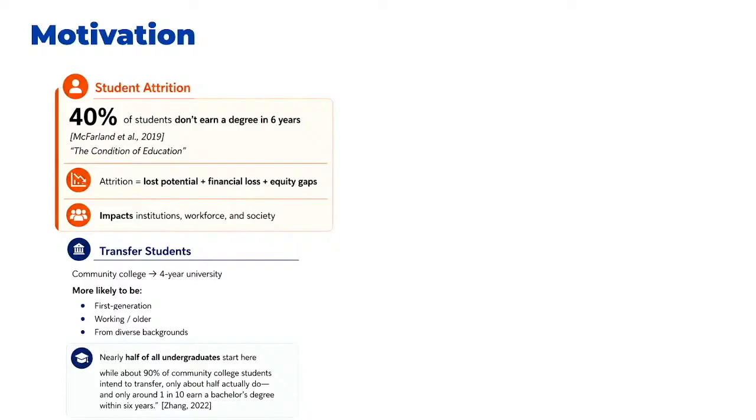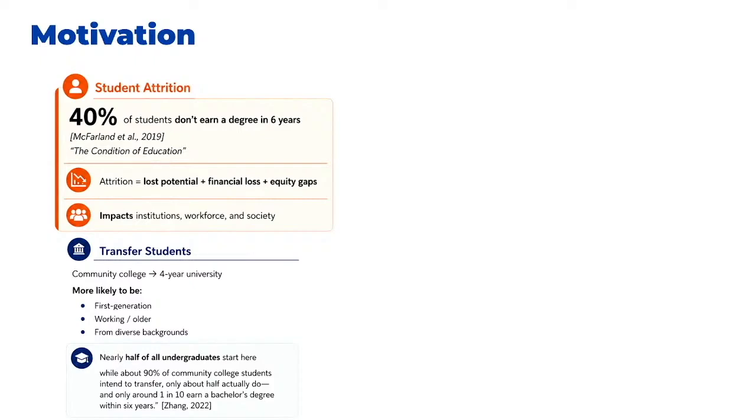These students are more likely to be working, older, and first generation. As some publications suggest, 90% of these students intend to transfer, but sadly only half will actually do so, and then 1 in 10 earn a bachelor degree.